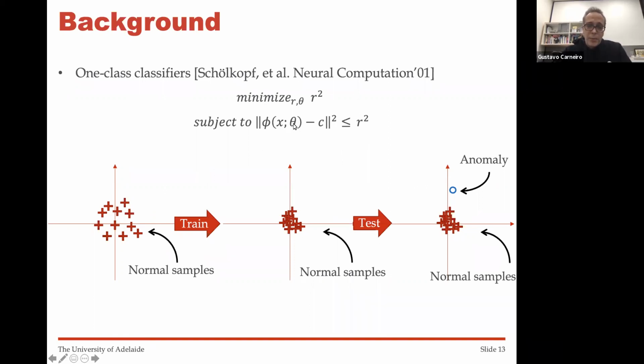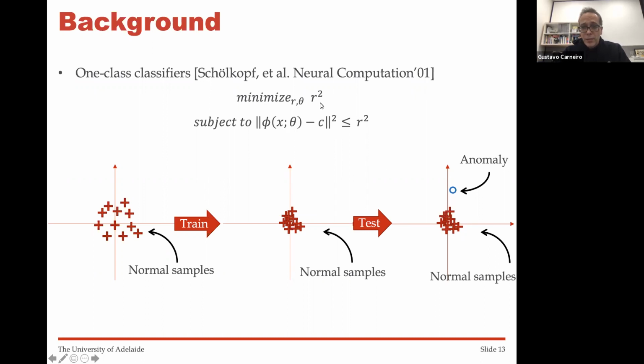And at the same time, you also want to learn the parameters of these features. So it's like two ways to put all the normal features together in a particular region of the feature space that is centered at this C center. And then during the test, what you expect is that an anomaly will sit very far from the normal samples that you see here.